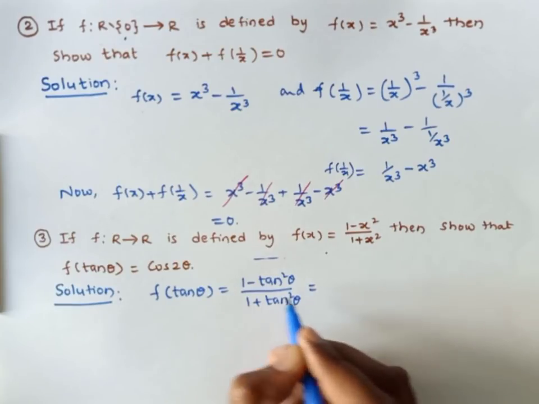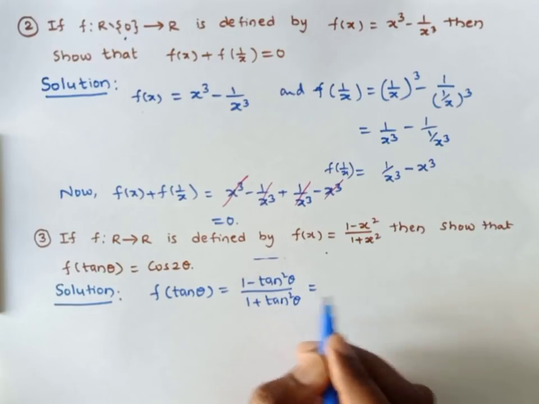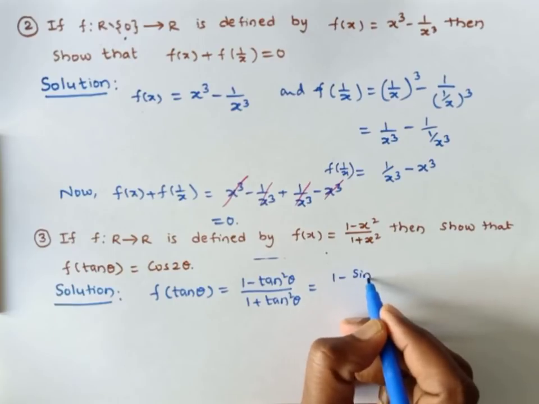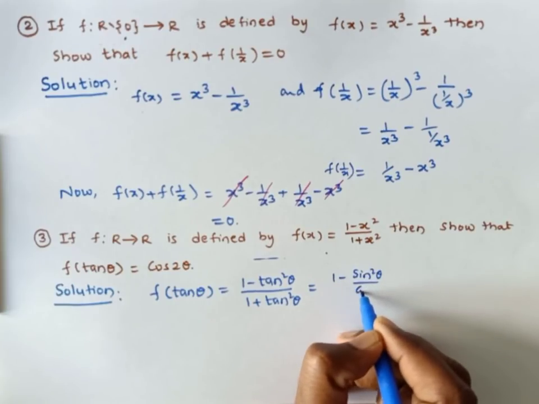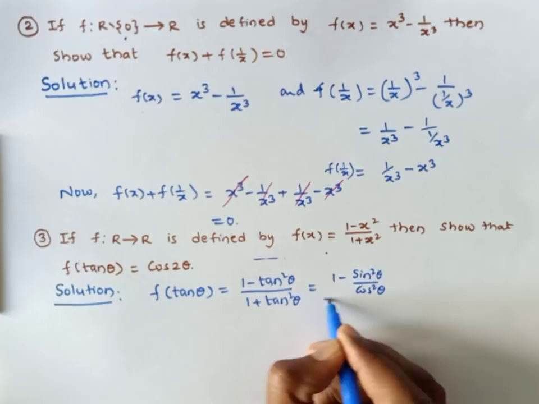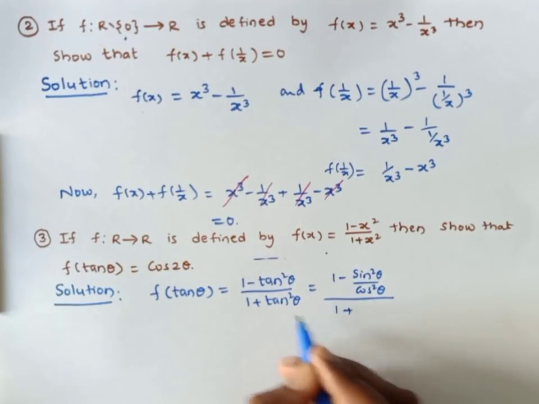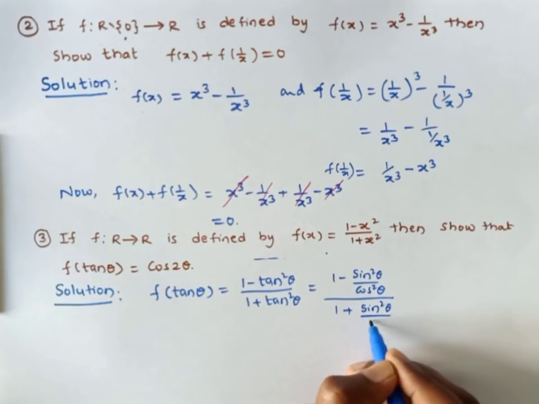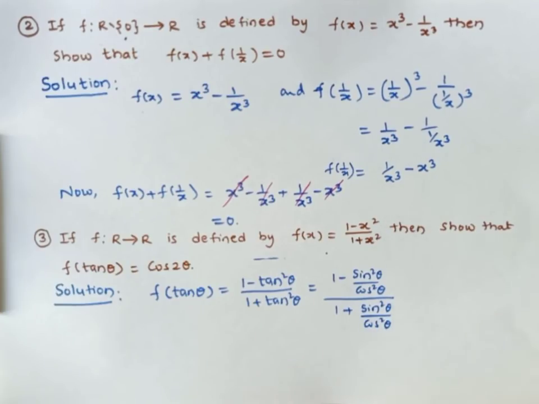Now, you know tan can be written as sine by cos. So here I am writing this as 1 minus sine square theta divided by cos square theta, whole divided by 1 plus, again it is sine square theta divided by cos square theta.